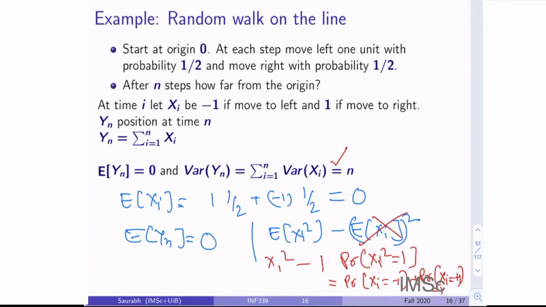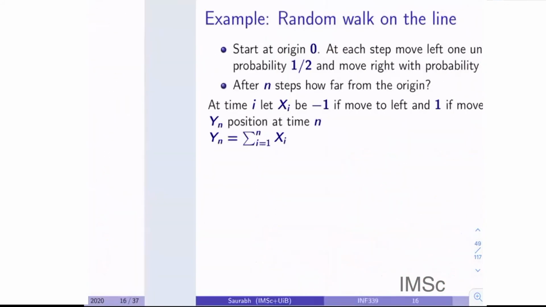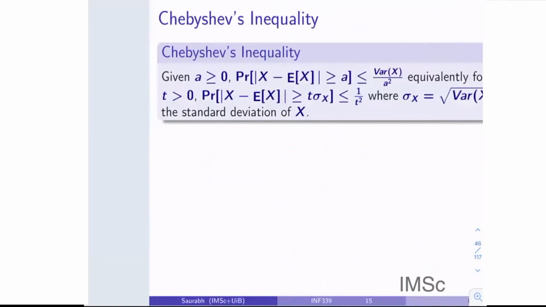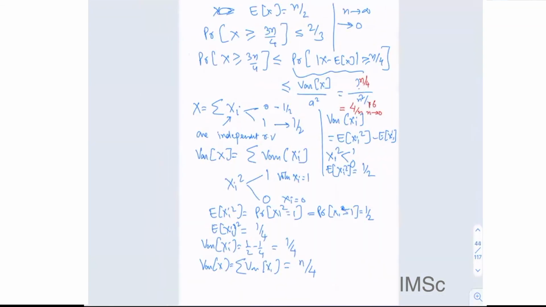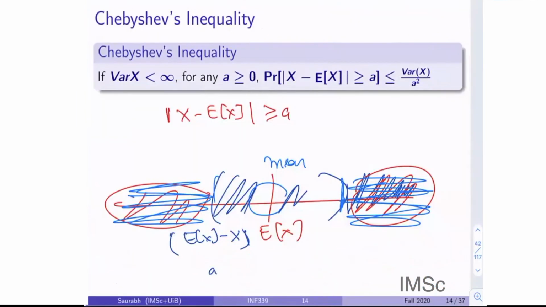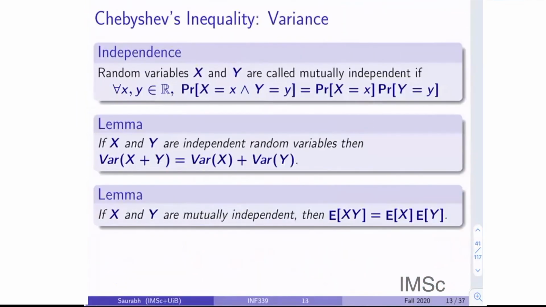But to say all these things, okay, if x and y are independent random variables, then this happens. And if you notice, I have been using the fact that variance of summation xi is summation variance of xi.